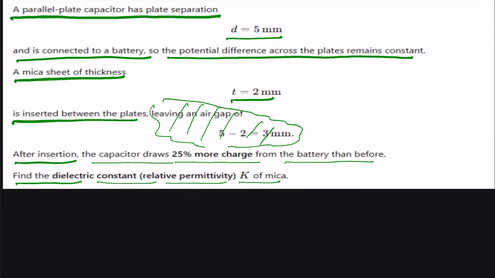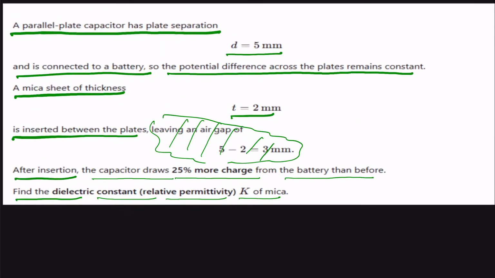In this case, we have to remember that the battery always remains connected to the parallel plate capacitor. The battery is not being removed, and the mica sheet, or dielectric, is inserted with the battery connected. This plays an important part here.